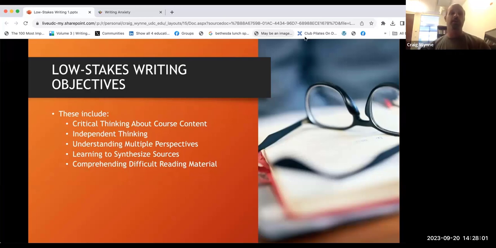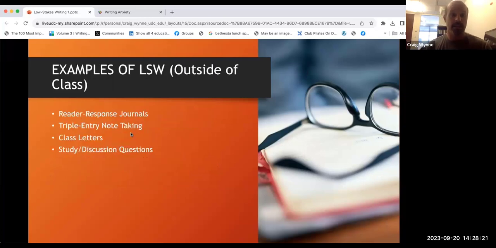But it also helps them to understand different perspectives around an argument. I've also used this to help students learn how to synthesize sources, how to integrate research into their writing, and also comprehending difficult reading material. I'll show you some ways that we can do this.